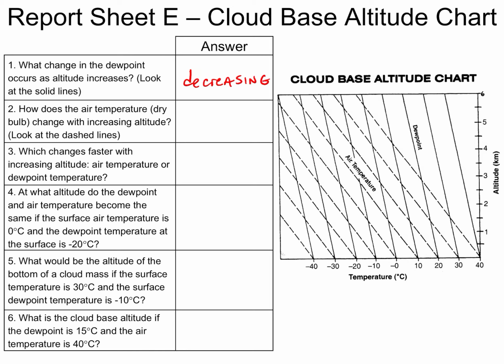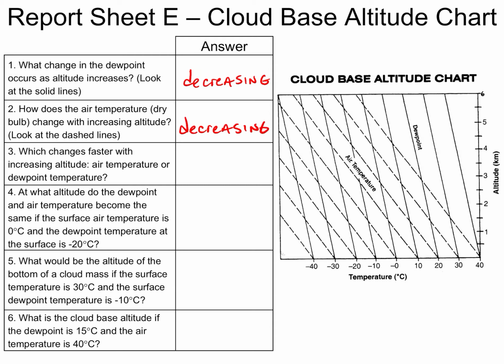How does the air temperature change with increasing altitude? Again, look at air temperature, which are these dashed lines. As you climb, it's getting towards the negatives. So again, it is decreasing. Which changes faster with increasing altitude?